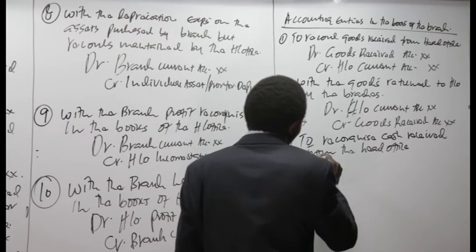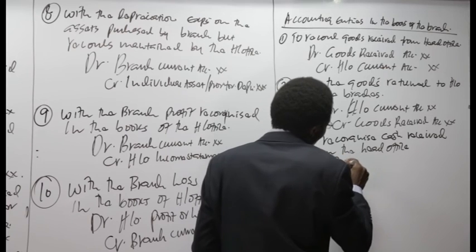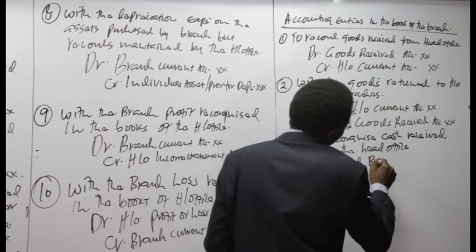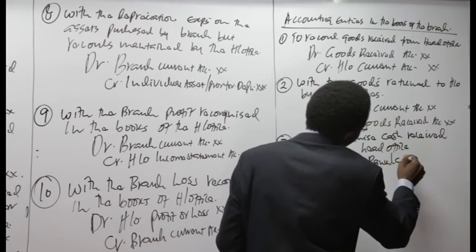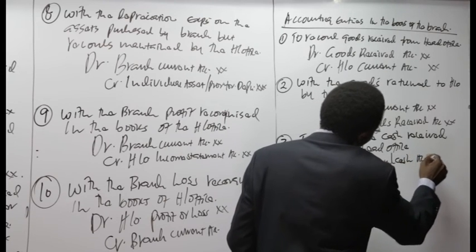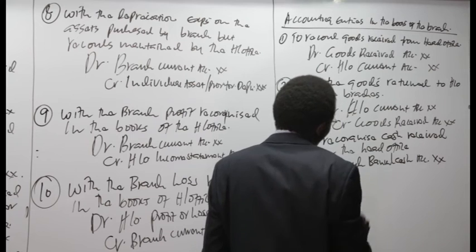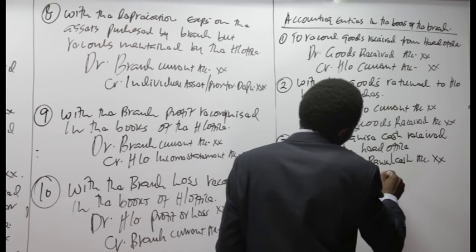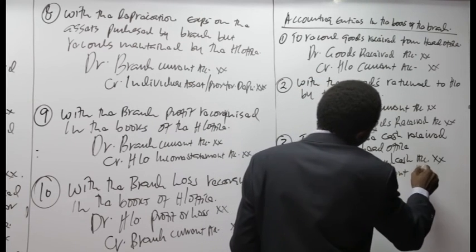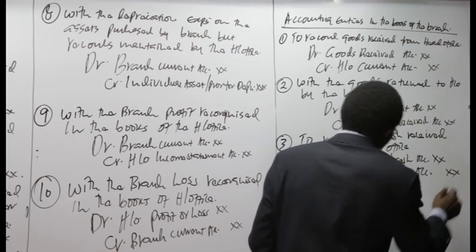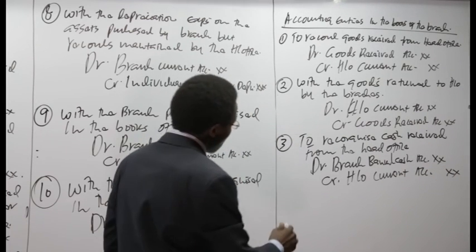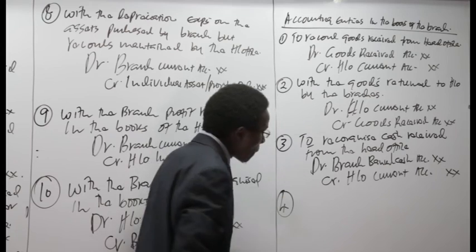So what do you do? You debit the branch bank or cash, and then you don't forget to credit our head office current account. That's exactly the position.